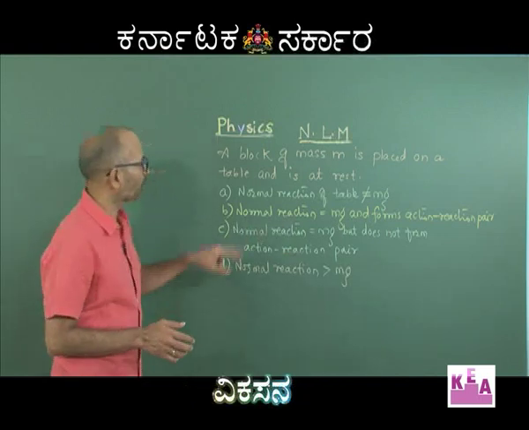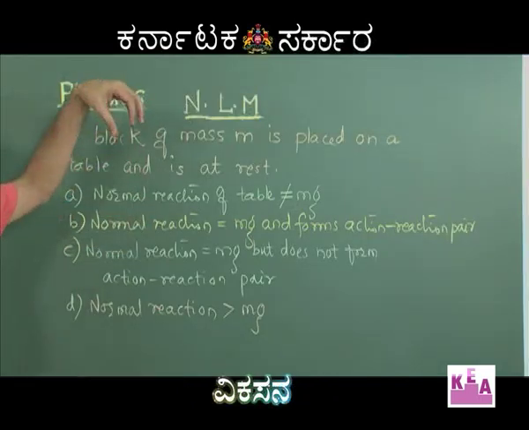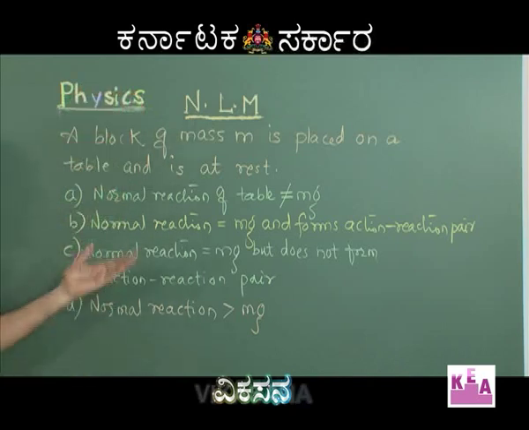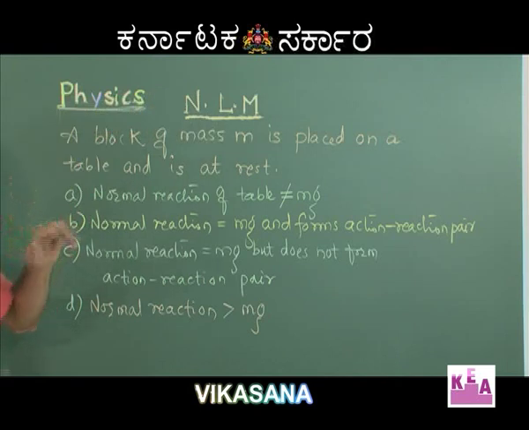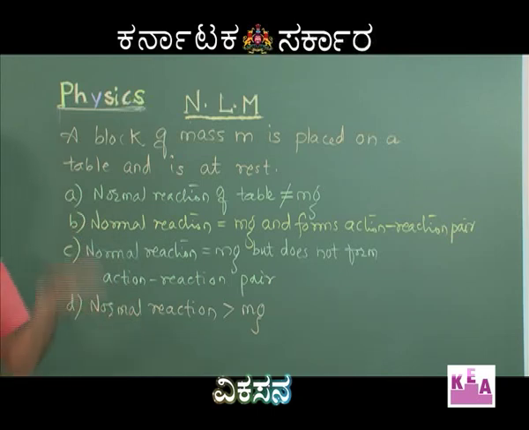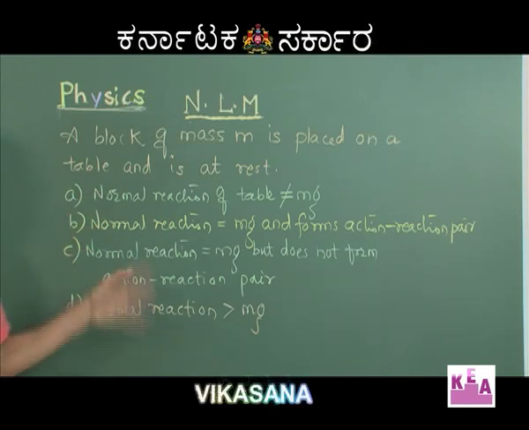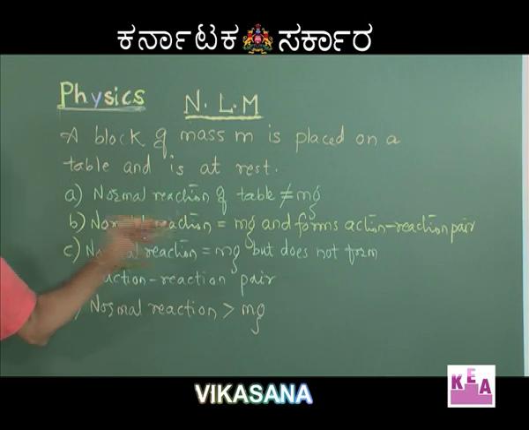Which are the forces which are acting on the block? One is the weight of the block, which is acting vertically downwards on the table, and second is the normal reaction of the table, which is acting vertically upwards, and they should be balanced. Therefore, N should be exactly equal to mg. No doubt they are opposite, because one is vertically upwards and the other is vertically downwards, but they should be equal to each other in magnitude.